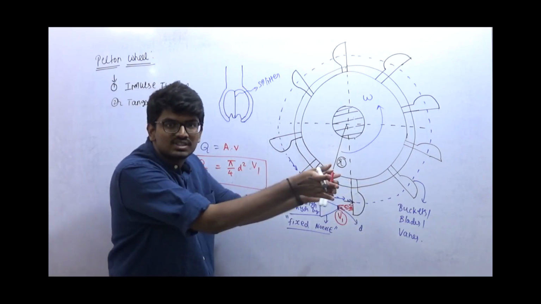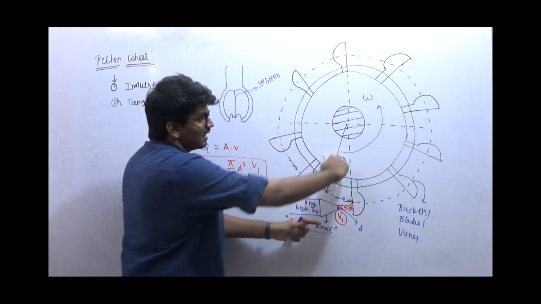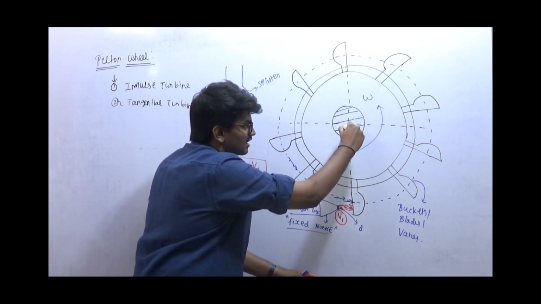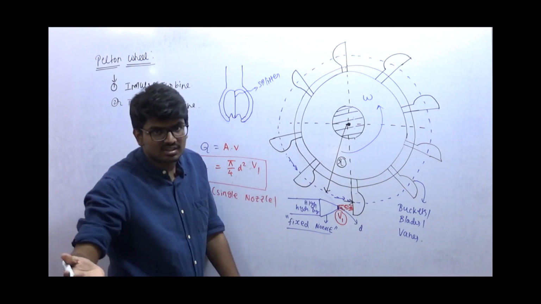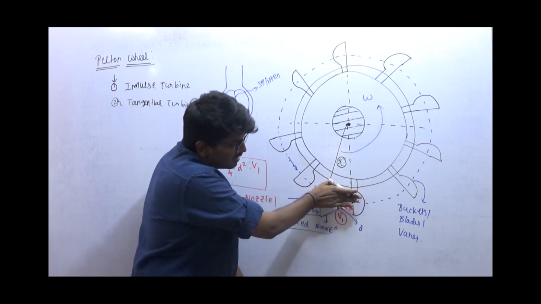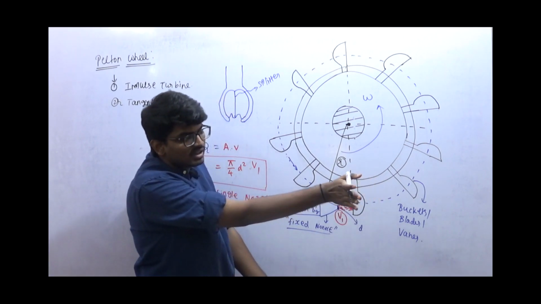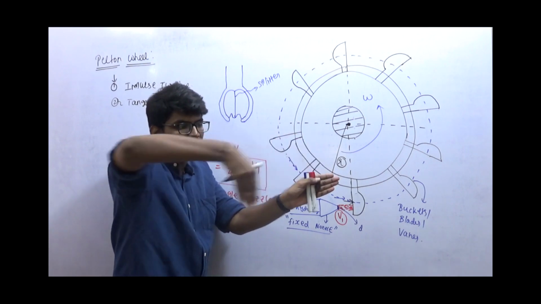Maybe it gets twisted as it flows through the vanes, but it leaves at the same radius only. This is our axis of rotation, right? Radially, there was no change. It enters here, flows inside the vane, and again comes back at the same radial distance.